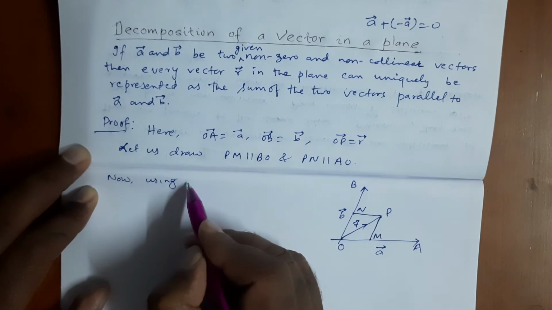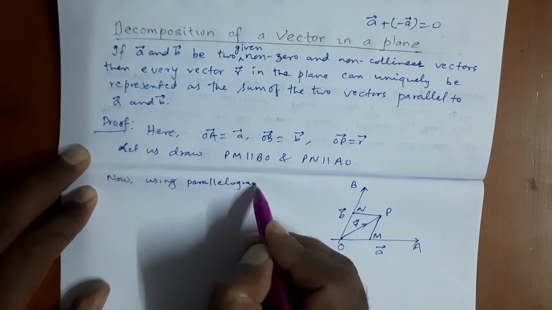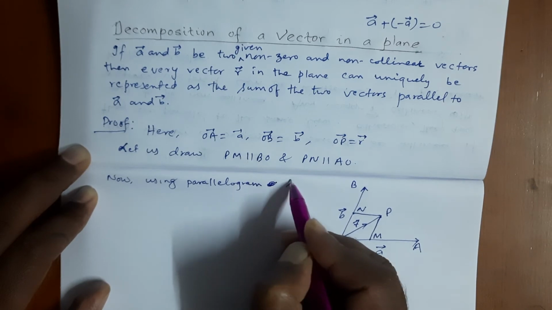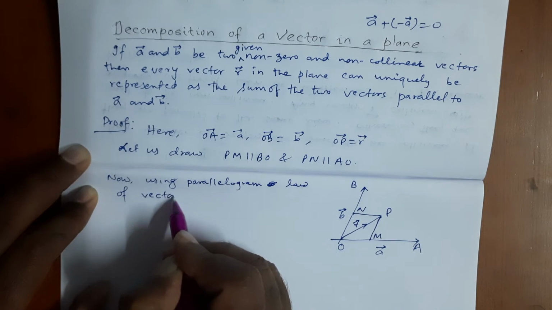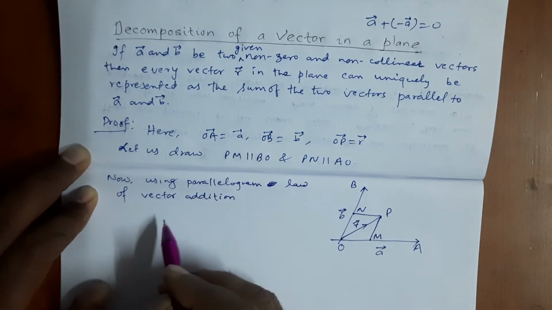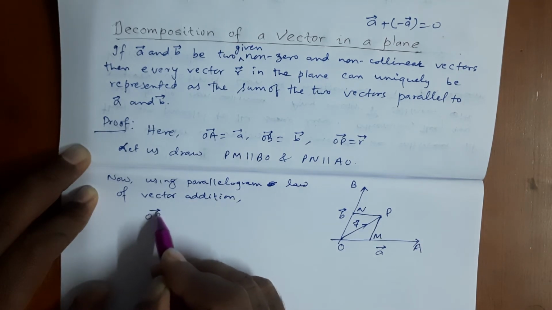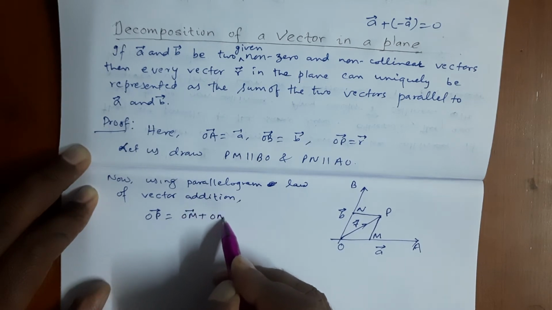Now using parallelogram law of vector addition, we can write OP vector equals OM vector plus ON vector.